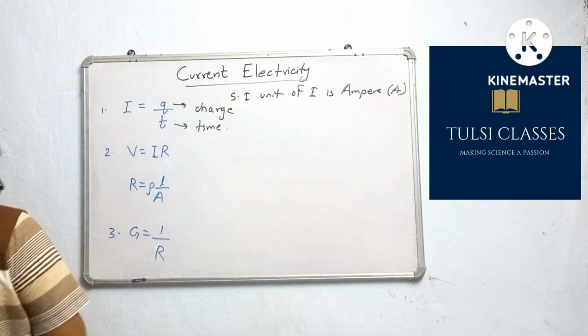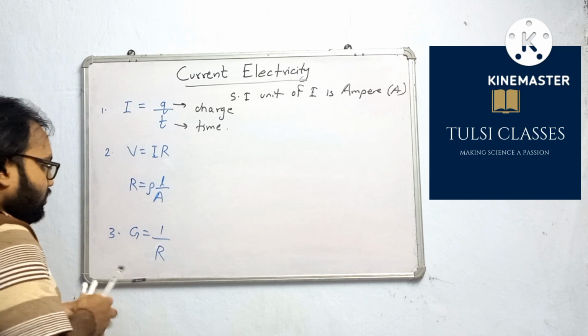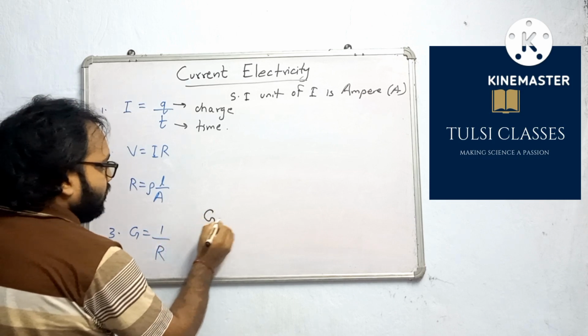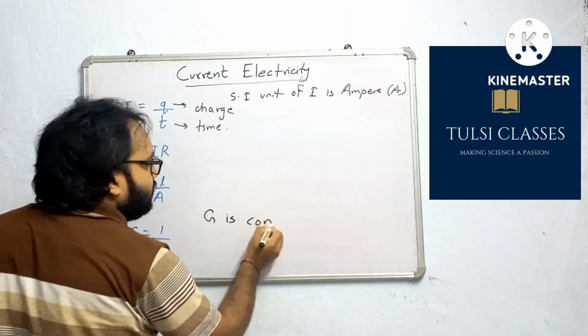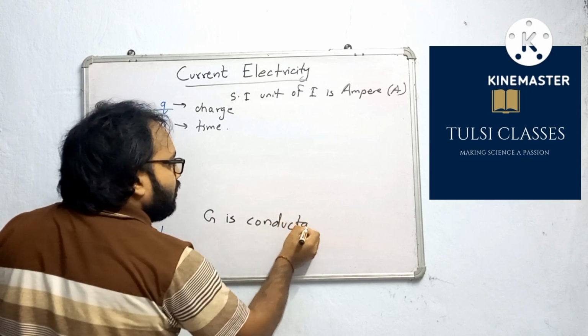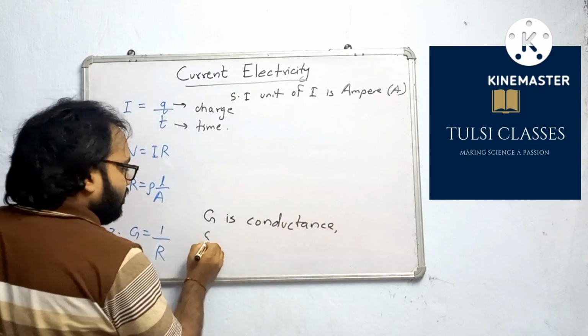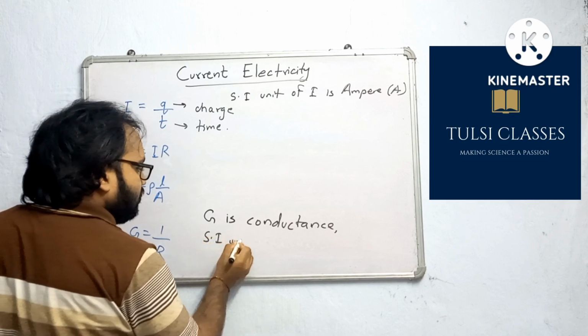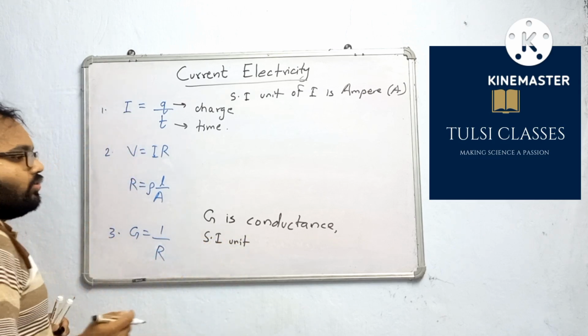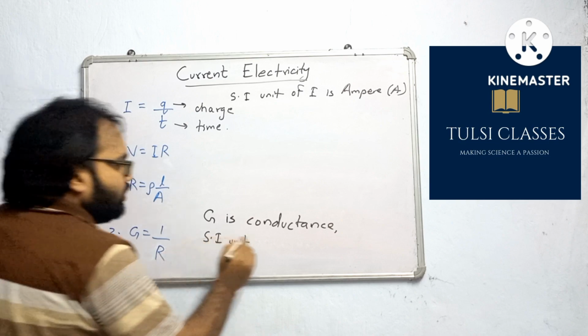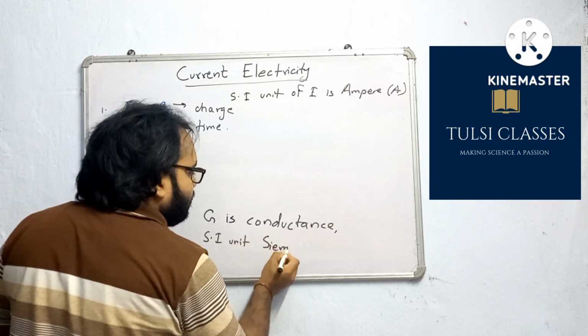G is conductance, the reverse of resistance. Its SI unit, the unit that is used as SI unit, is Siemens.